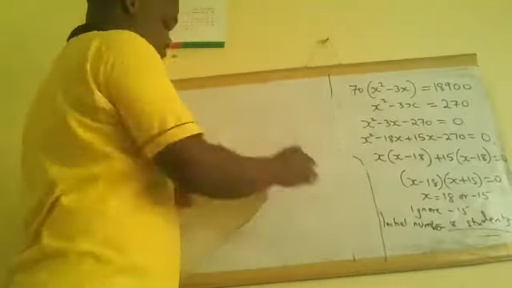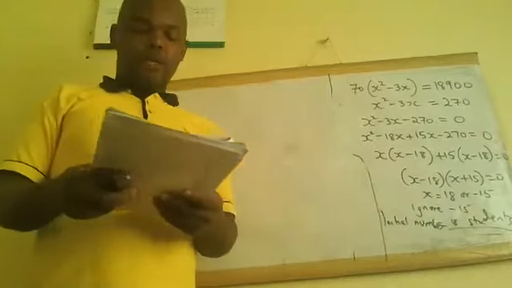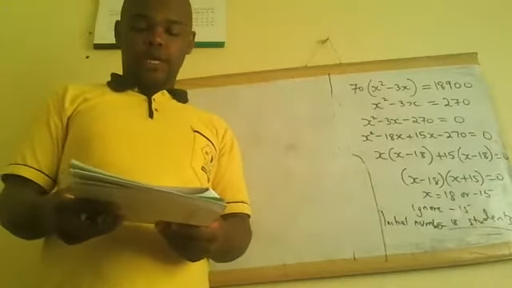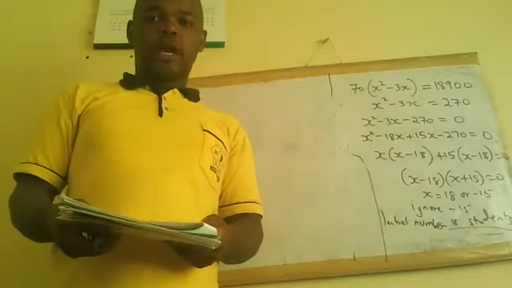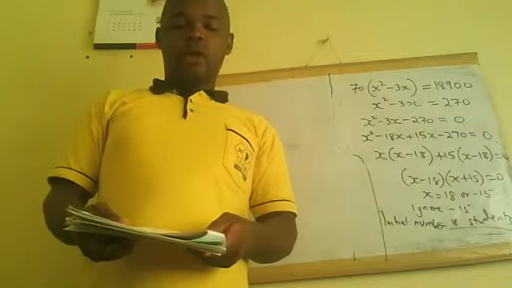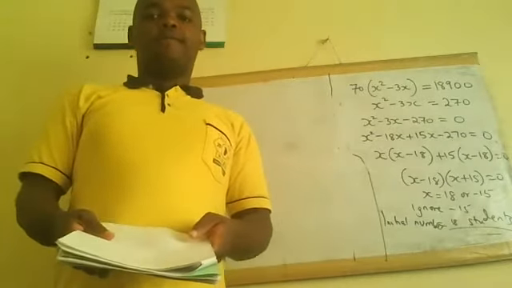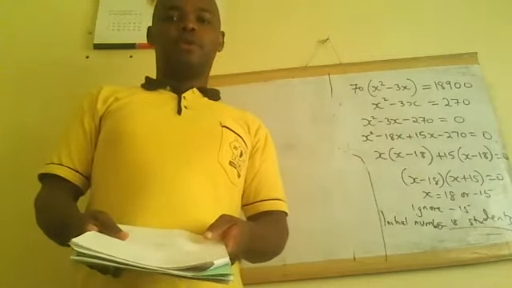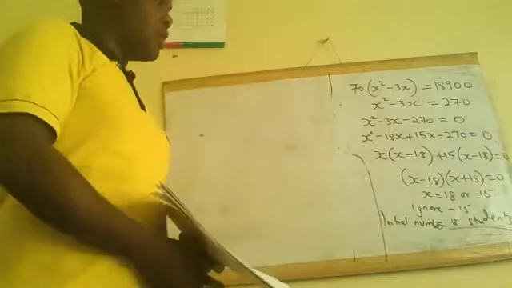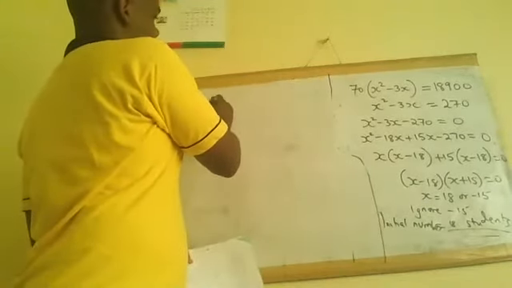So let us continue. Part C, find the amount of money contributed by each student after 3 withdrew. So that means I am getting the x minus 3.